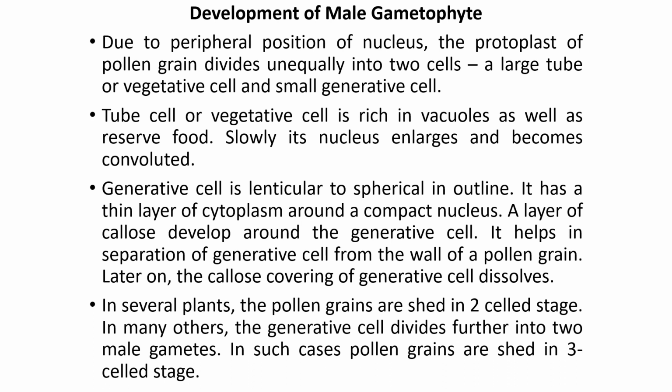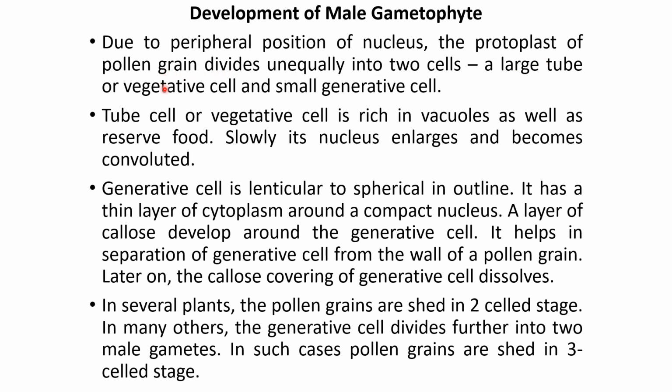Development of male gametophyte. Due to the peripheral position of the nucleus, the protoplast of the pollen grain divides unequally into two cells, the larger tube cell or vegetative cell and the smaller generative cell.